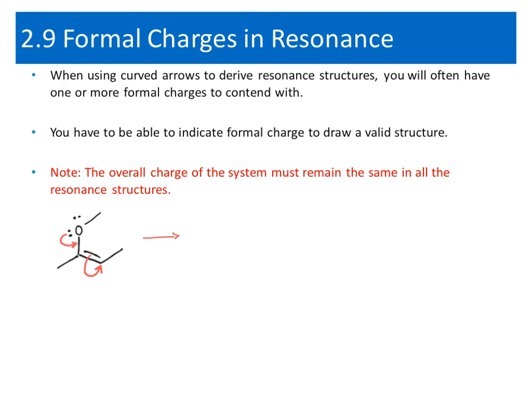So the valid resonance structure for this molecule would be, okay, we've got a double bond here, and a lone pair of electrons on oxygen and carbon. Now, this is not a valid structure unless I assign the formal charges for all the atoms, especially the atoms that are involved in the resonance.